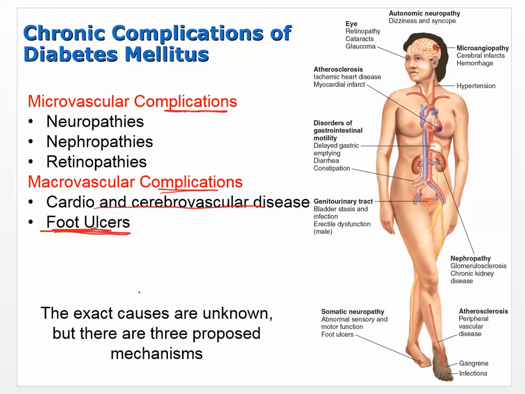The exact causes are unknown, but there are three proposed mechanisms, and we're not going to get into that. A lot of times it's simply the increased blood glucose causing some kind of damage.